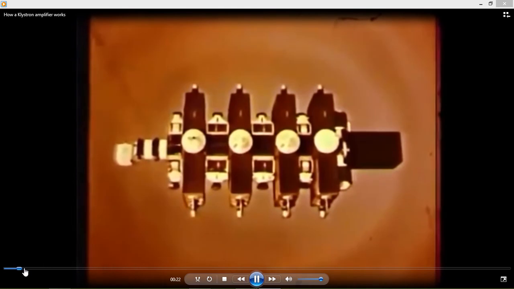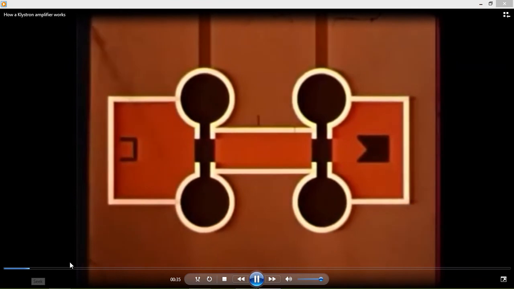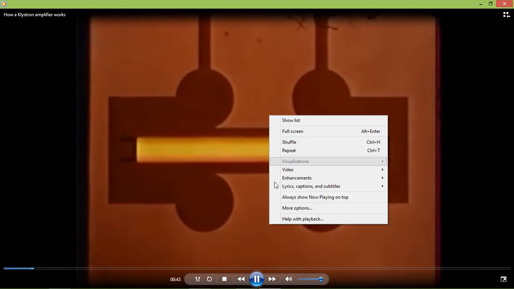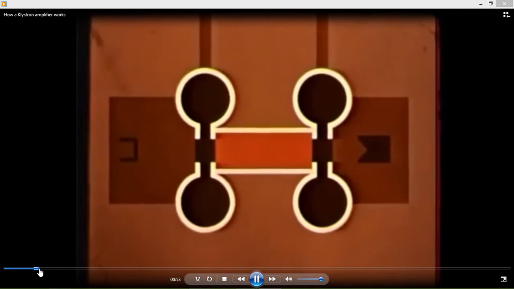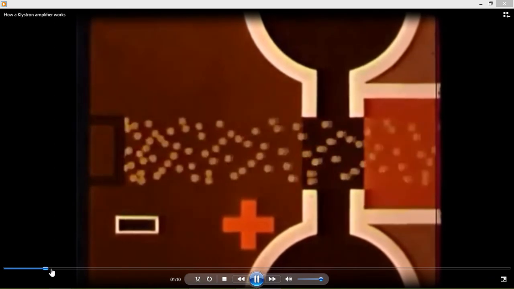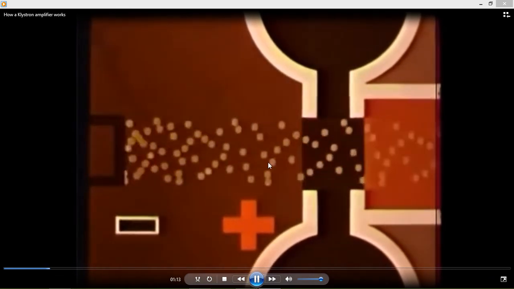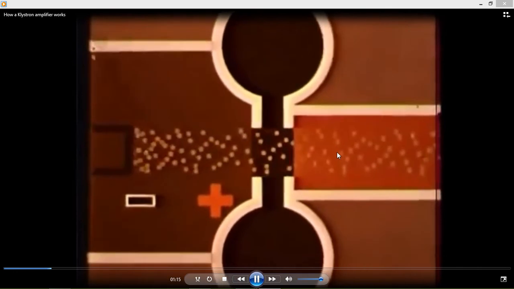So this is the multi-cavity Klystron. It has multiple cavities. So this is the cathode, this is cavity 1, this is cavity 2, and this is the drift space. The electron is produced from the cathode, crossing the first cavity.